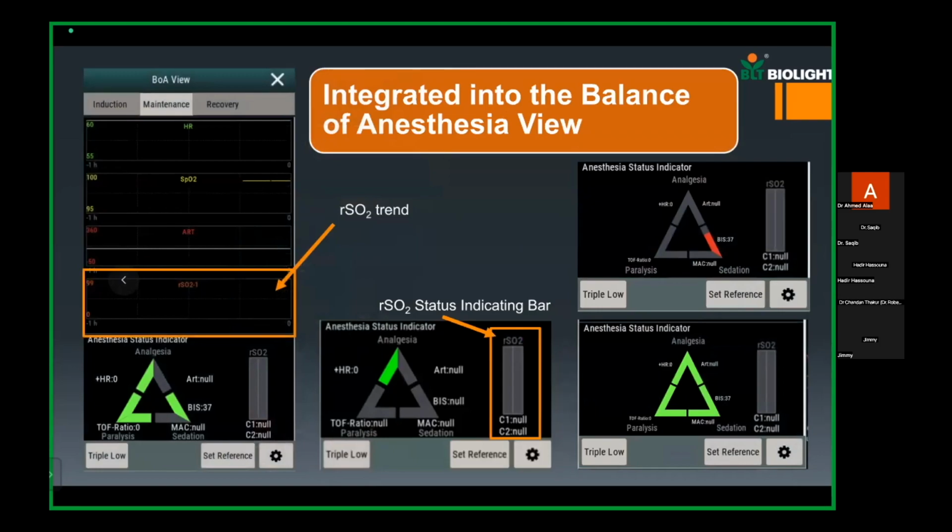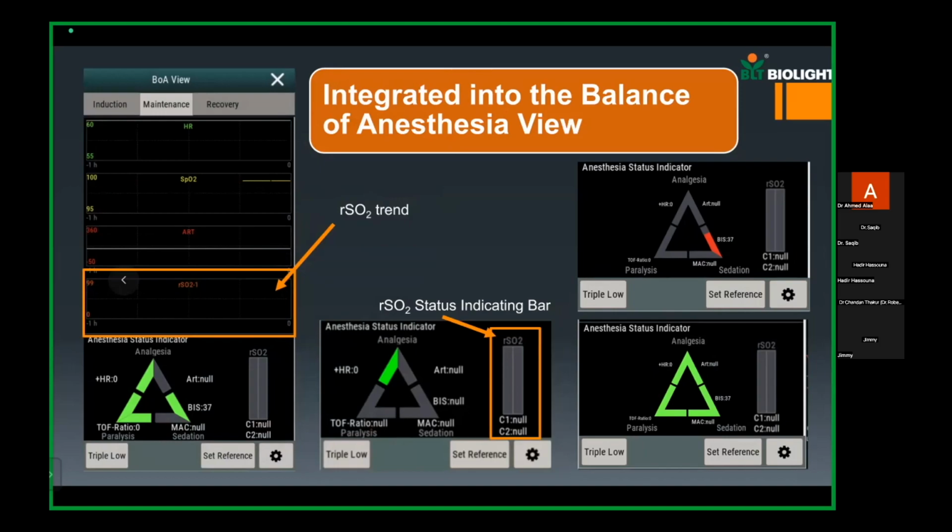This is the maintenance tab of the balanced anesthesia, also in D1. It displays the trends of the parameters, including the trends of regional oxygen saturation. Below, you see a triangle. It is the anesthesia status indicator. The anesthesia status indicator is green and full when parameters are within the normal limits.